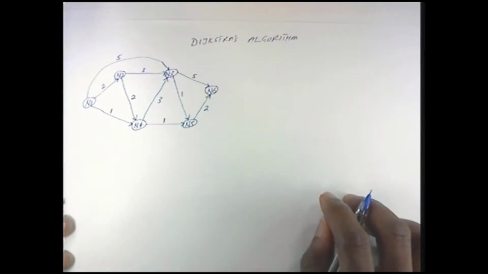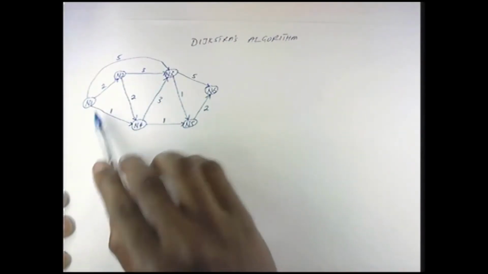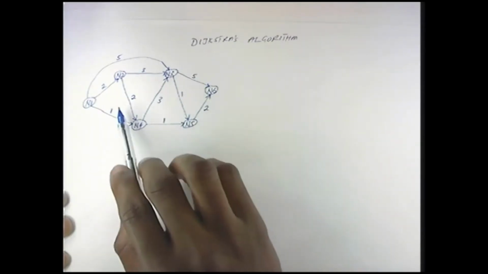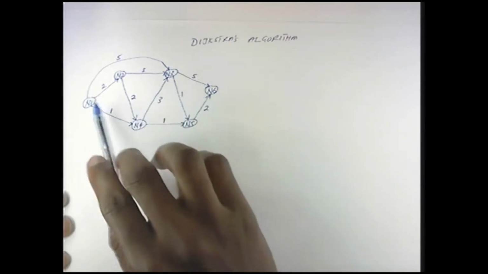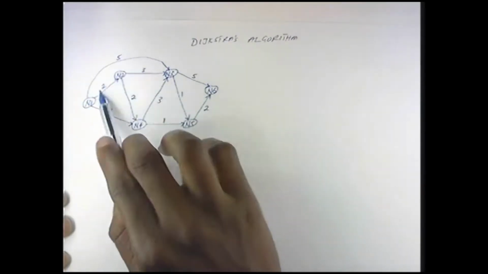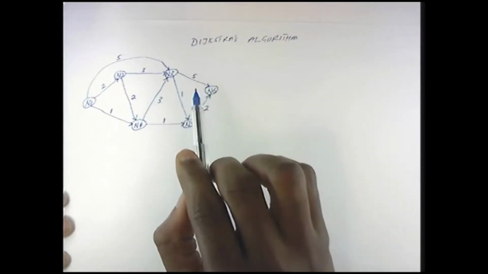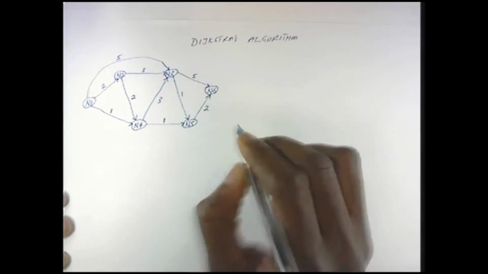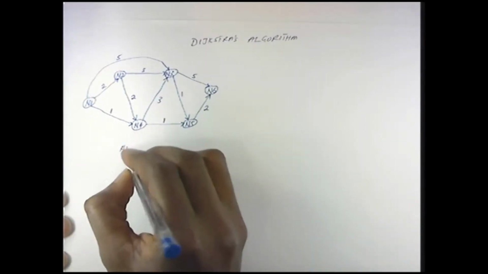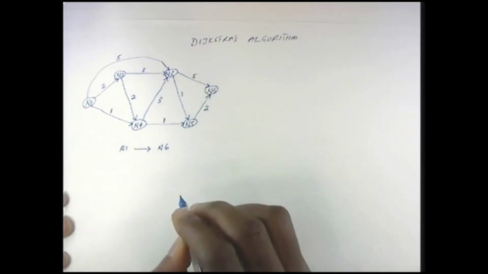of Dijkstra's algorithm. Here we have our nodes N1 to N6, and we can see the various costs associated to the links. Now we want to find the shortest path from node 1 to node 6.